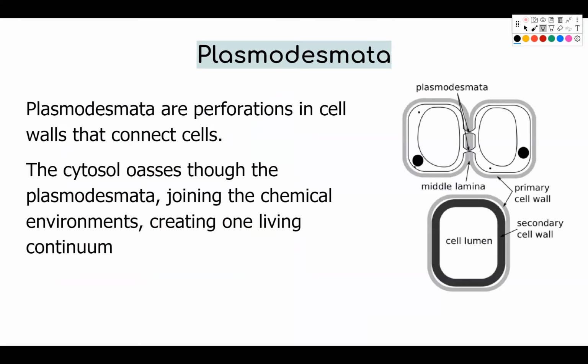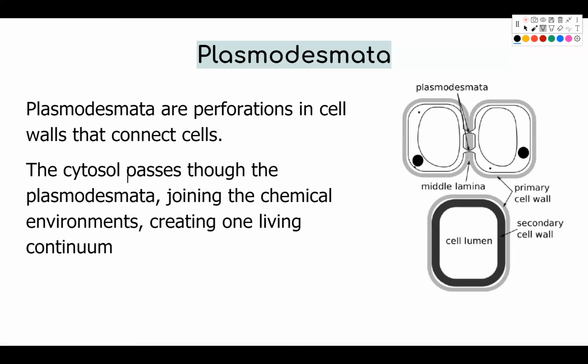So plasmodesmata are perforations in our cell walls, which we don't have, that connect our cells. And cytosol passes through these plasmodesmata, joining these chemical environments, which will essentially create a continuum of cells.